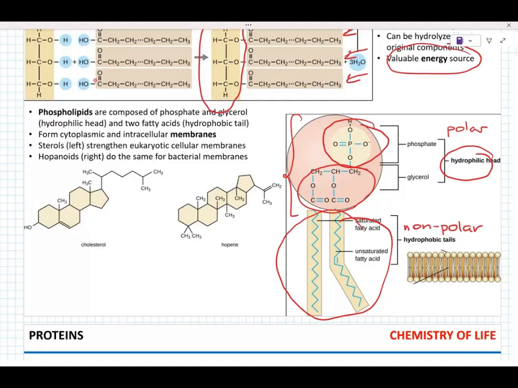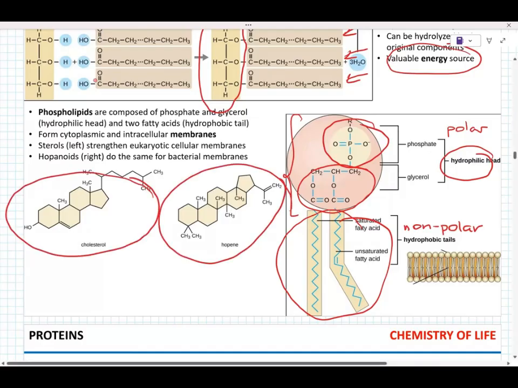Okay? And finally, these interestingly looking polycyclic lipids, sterols on the left and hopanoids on the right. Their function is to reduce the viscosity of cell membrane. Cell membrane is not a solid structure, it's not a wall. It's basically a very viscous liquid.